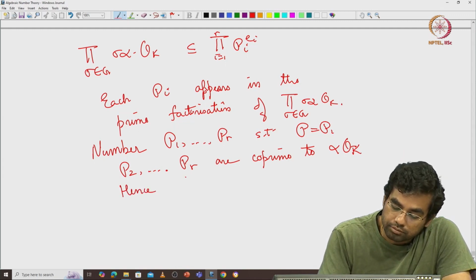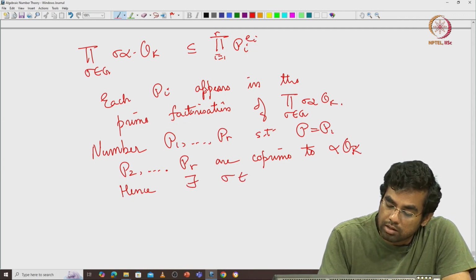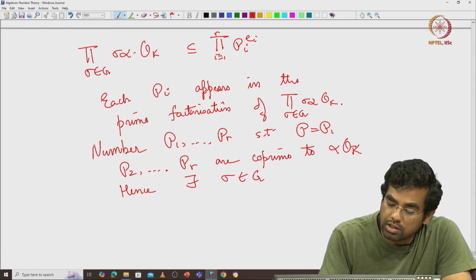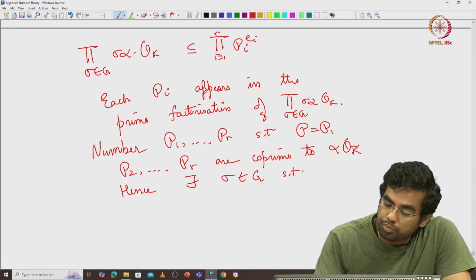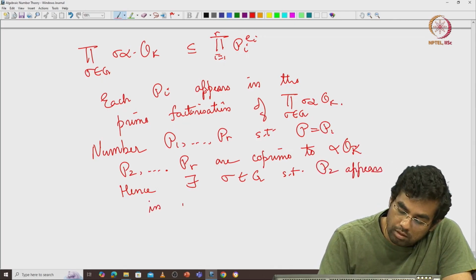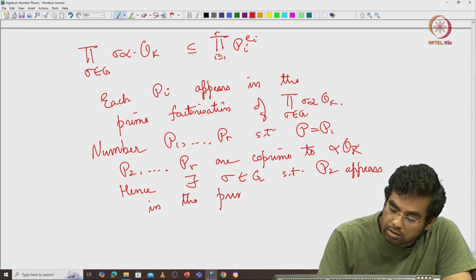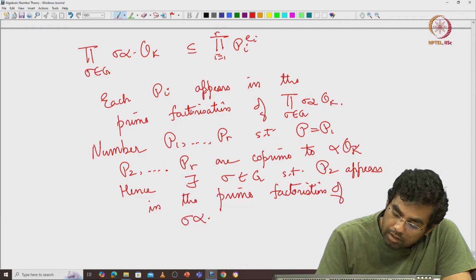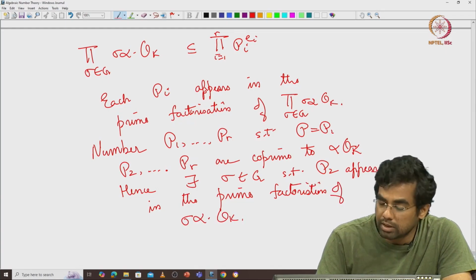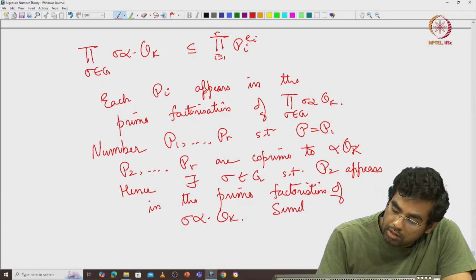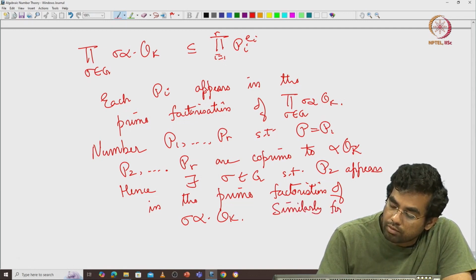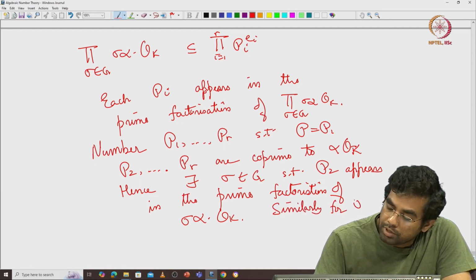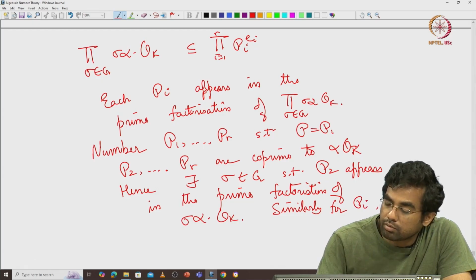Hence there exists sigma in G such that P2 appears in the prime factorization of sigma alpha times OK, and similarly for Pi, i greater than or equal to 2.